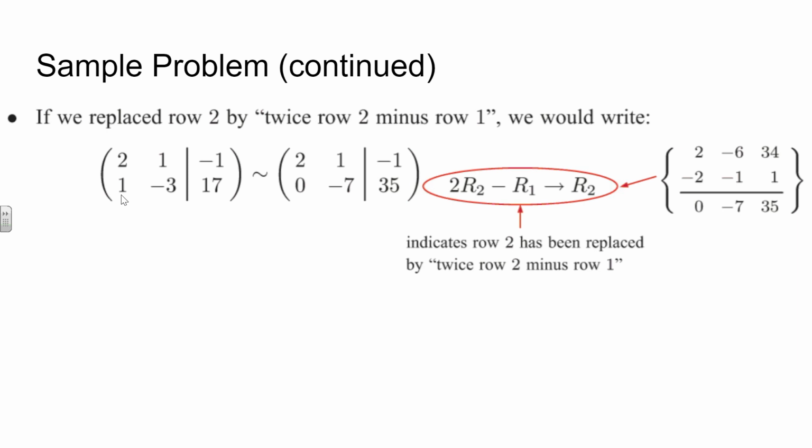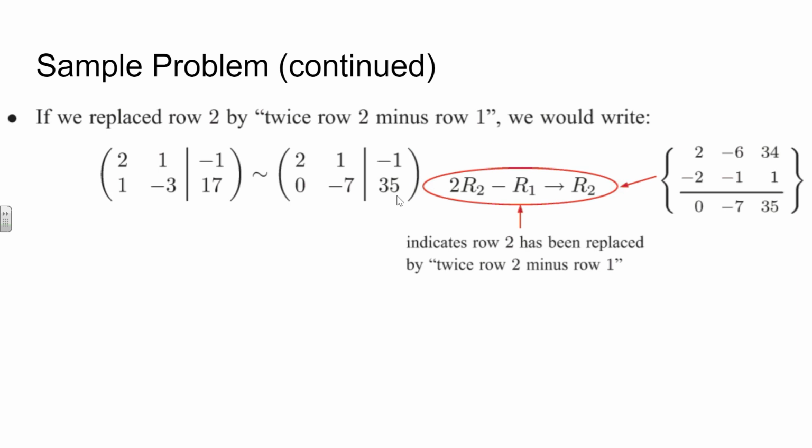So 2 times 1 is 2, minus 2 is 0, excuse me, and that's why we have this 0 in this first location, second row. Same thing here. If I did 2 times this -3, that gives me -6, and -6 minus the 1 gives me the -7, and same thing to get the 35 here.